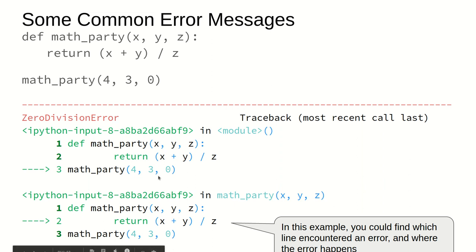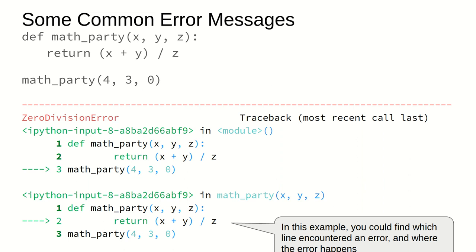I can look at the bottom thing and see what was most recent. What was the last part that errored? So the error actually occurred when I got to this line, the return that wants to do a division. But it tries to help me say, you're going to have to look a little further back before that line to find exactly what caused this error.